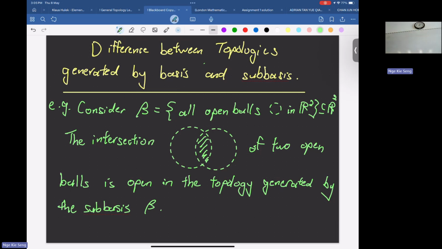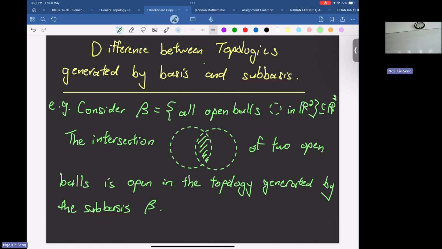We need to show that for every two intersecting balls, we can find another open ball. But in a subbasis, we already declare this non-ball-like region to be open. So there are more open sets inside the subbasis topology, if you generate using the same set of elements.